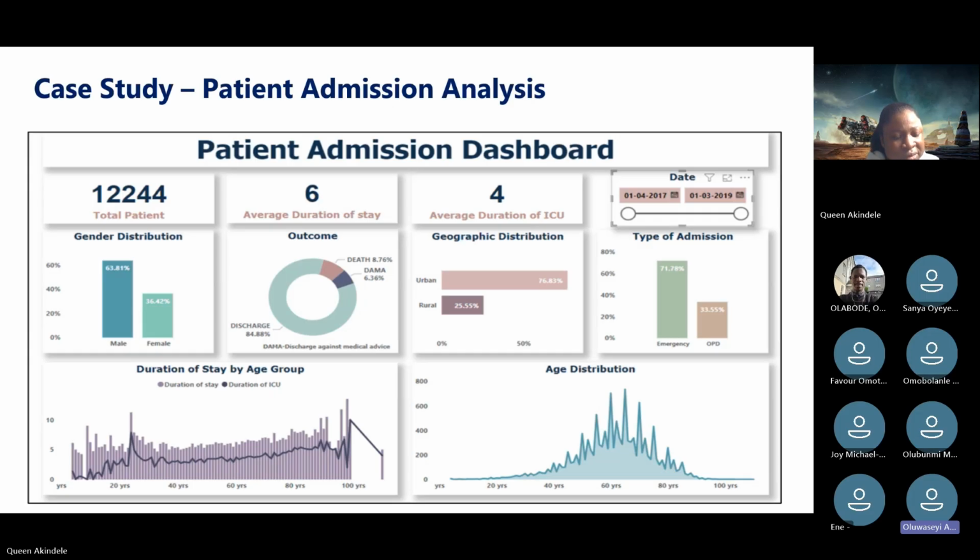So yes, one could see that it falls within that range. And also for the ICU, the average duration being 4, it fluctuates. Initially, it grows to 23 thereabout, and there's a spike and it begins to normalize again towards the later. So I think that's where they got the average of 6 and 4 from.